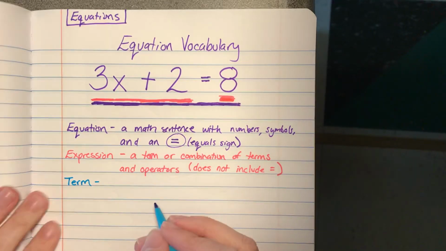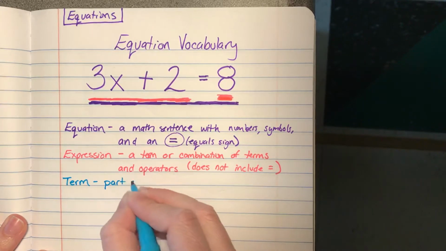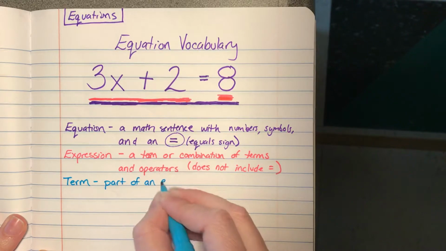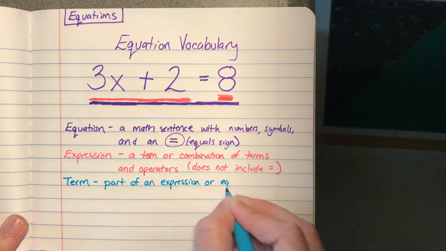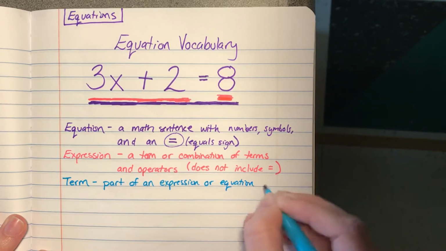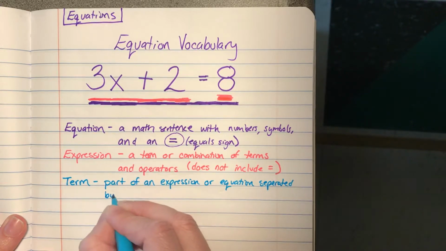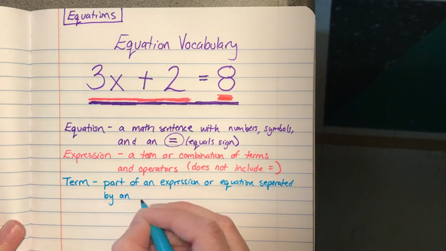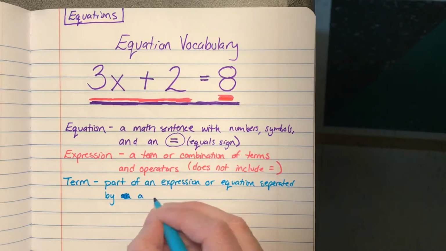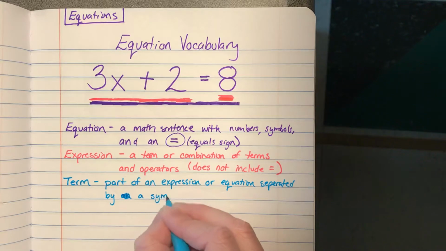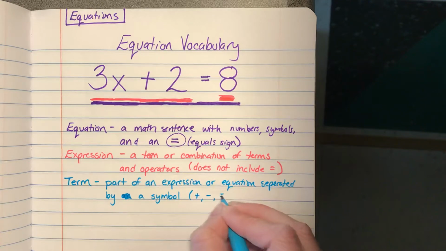All right, so a term is a part of an expression or equation separated by a symbol, such as plus, minus, or equals.